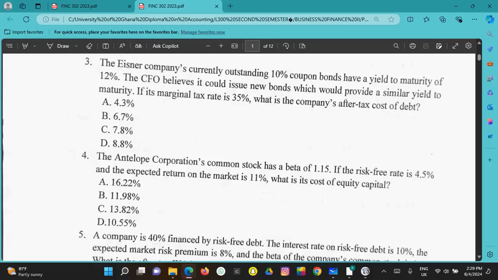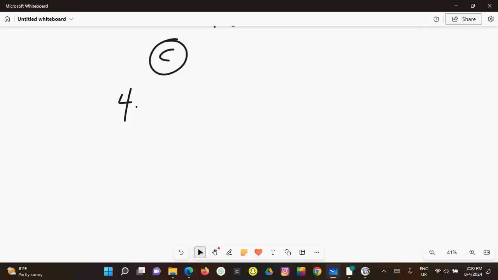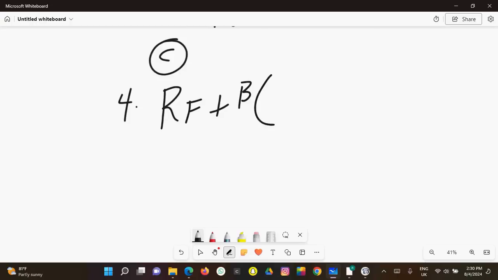Remember, when we were dealing with risk and return, we came up with a formula which was the risk-free plus the beta into brackets the market return minus the risk-free. This is also the same as the market premium.